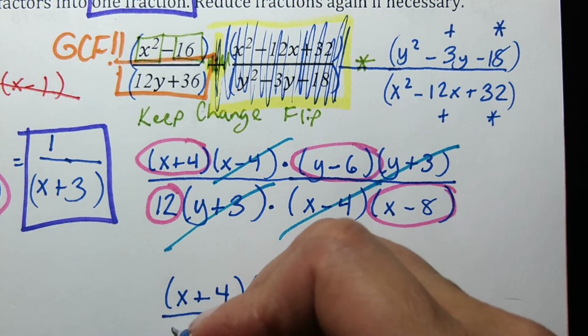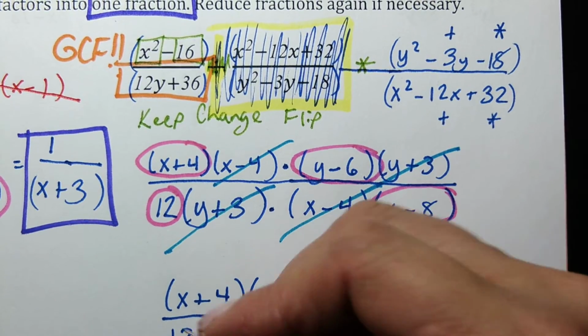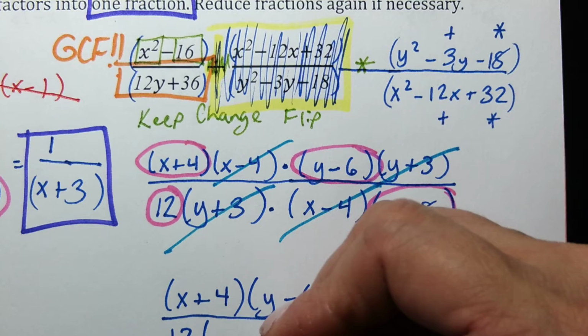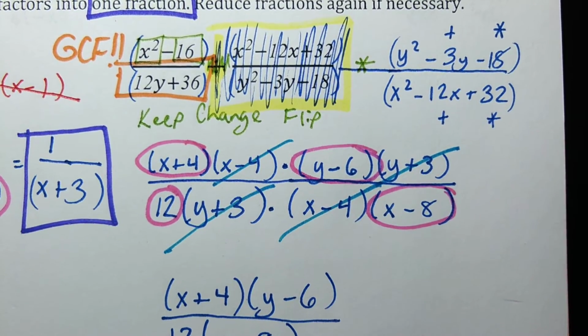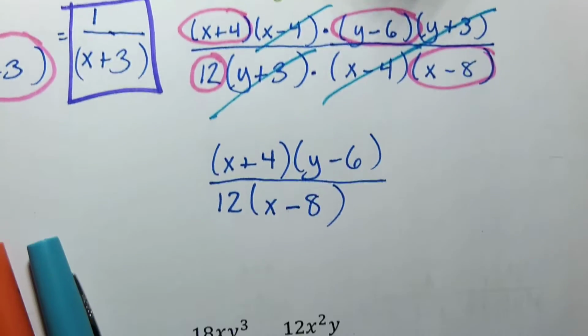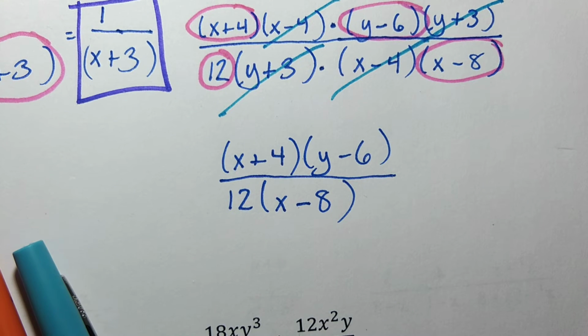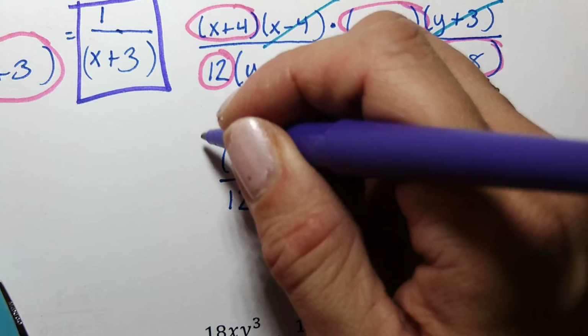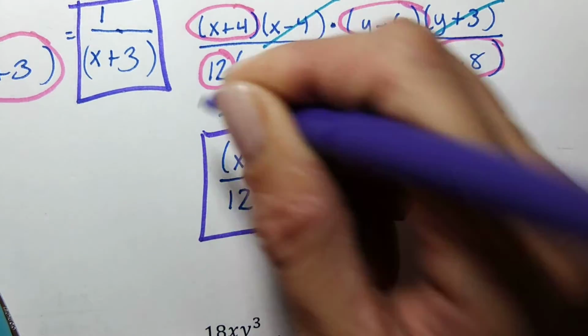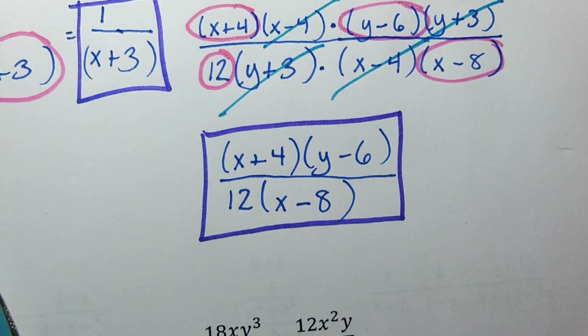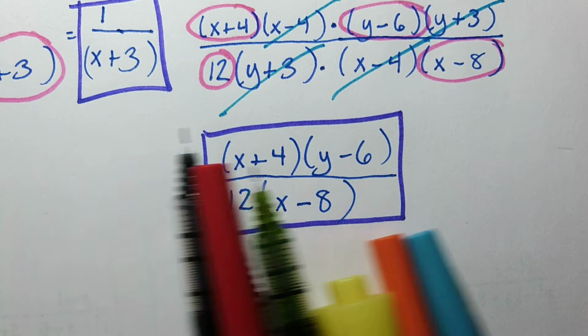And then on the bottom, even the 12, which wouldn't be that horrible to distribute, we leave that factored out in front. Monomials tend to go out in front for proper form. We leave it out in front and we don't distribute it. And that's our final answer for that one.